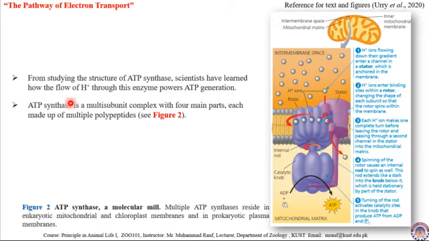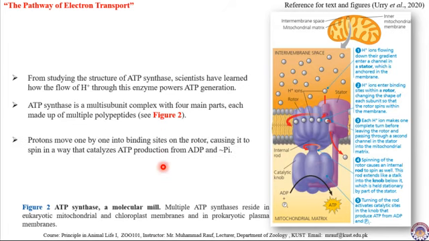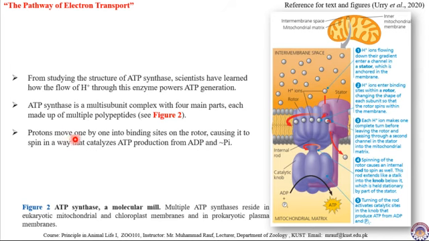ATP synthase is a multi-subunit complex with 4 main parts, each made up of multiple polypeptides. The 4 main parts are the stator, rotor, internal rod, and catalytic knob. Protons move one by one into binding sites on the rotor, causing it to spin.